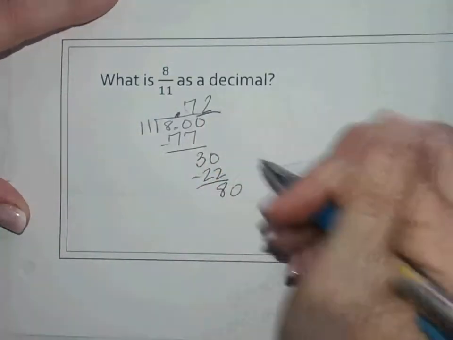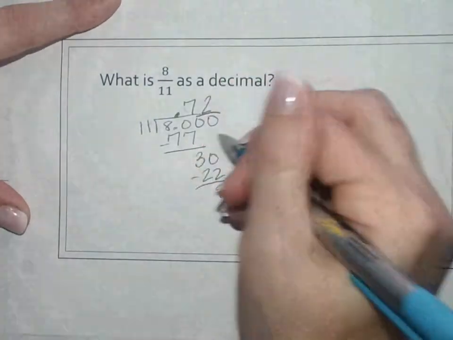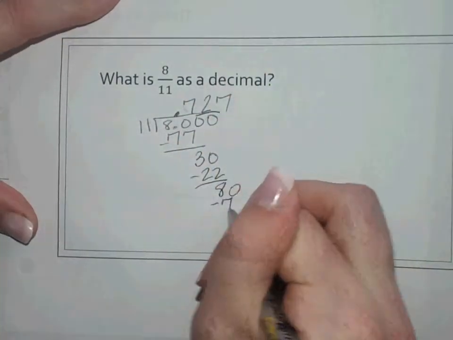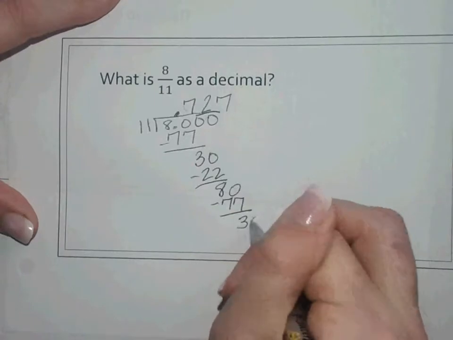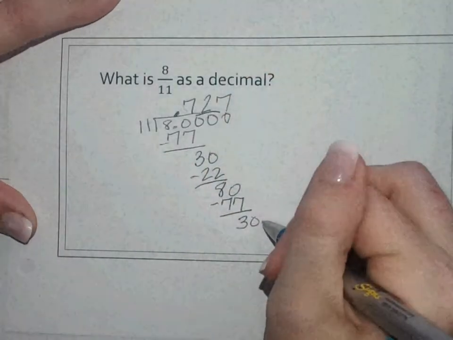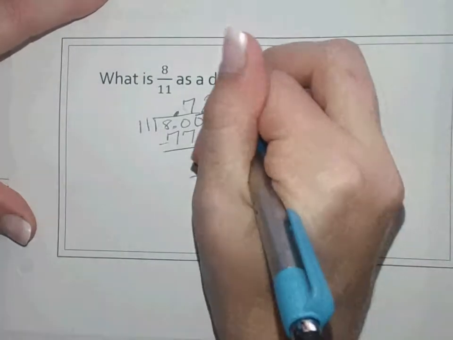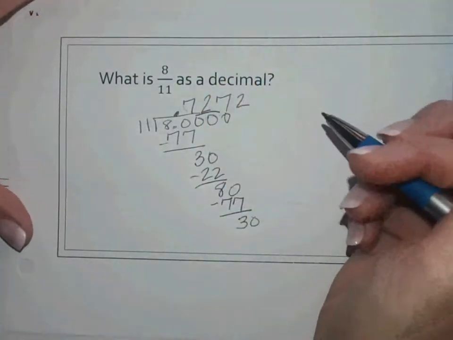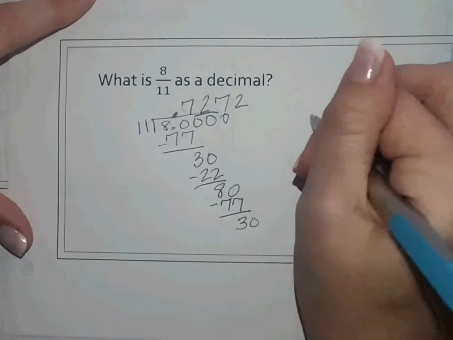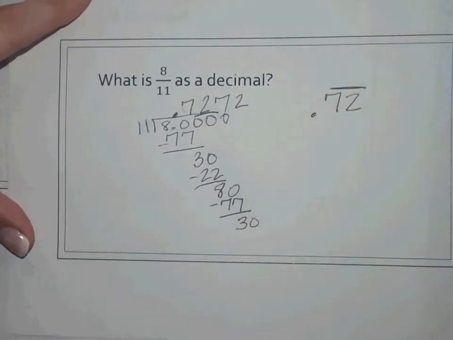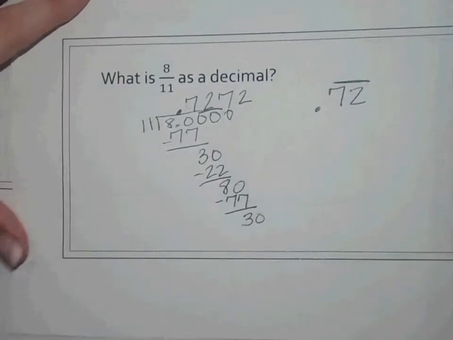Get an 8. Add that 0. 7 times. Get 77. Oh, wait a second. What do you notice here? 11 goes into 30 2 times. It's starting to repeat itself. So I would say it's 0.72 repeating.